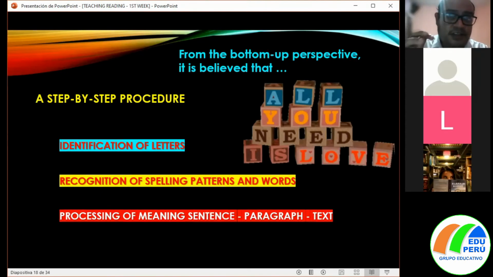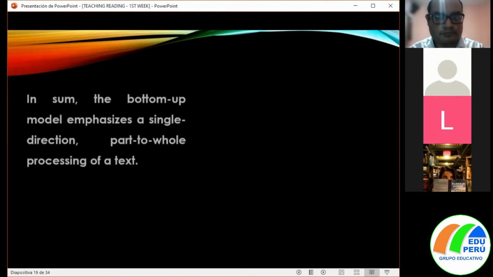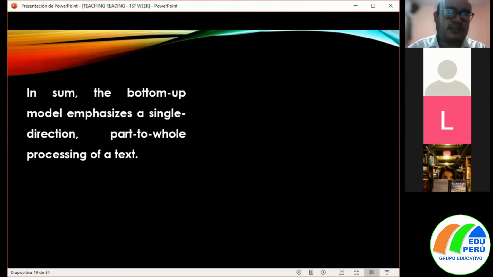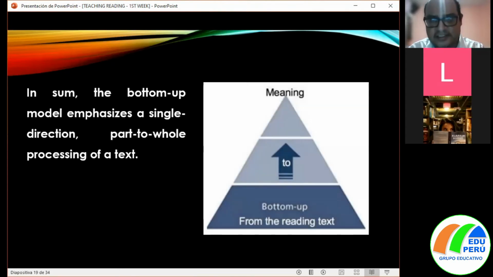So notice what the point of view is related to this theory and the way that you are going to read a text. Summarizing, the bottom-up model emphasizes a single direction, part-to-whole processing of a text. Bottom up from the reading text, and then you get the meaning of the text.